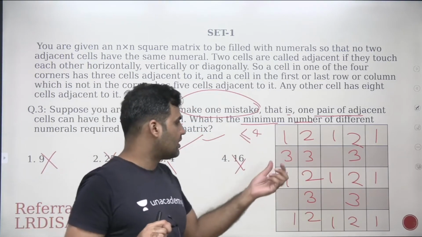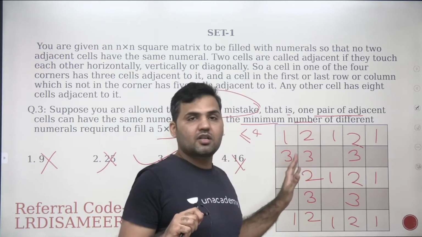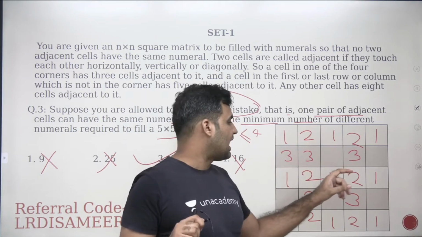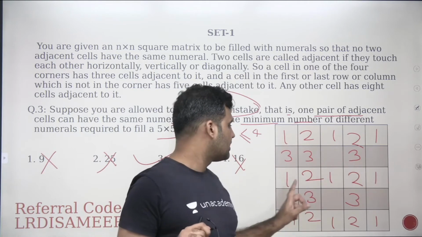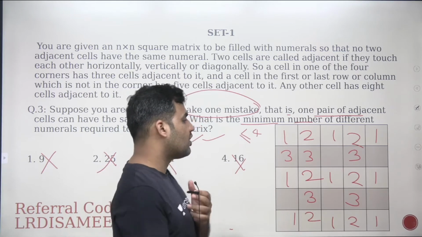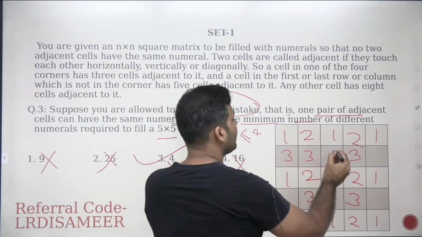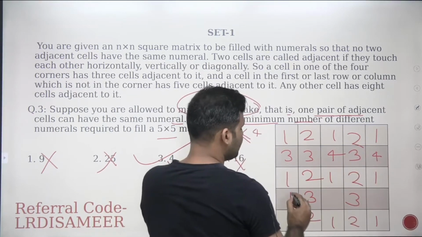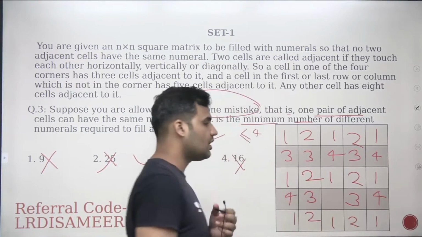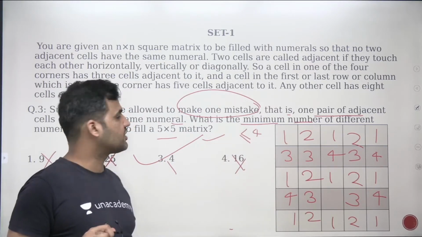That error that I am committing here is allowed only once. I cannot commit that same error again now. I still have these numbers to fill, right? I still need to use a different digit because now a mistake is not allowed. I still will require 4 to fill at these places, right? So therefore, the minimum number of digits that are still required to fill a 5 into 5 matrix is 4.